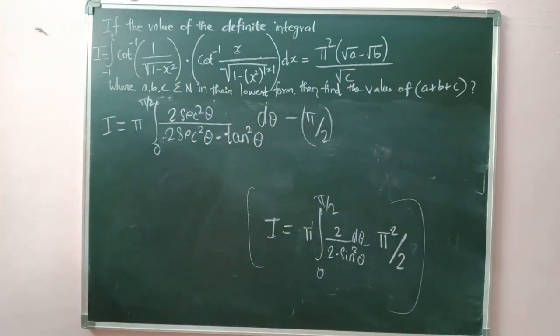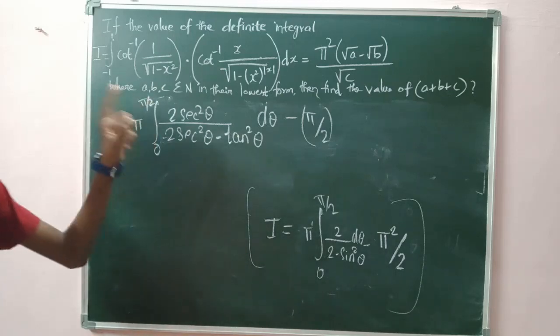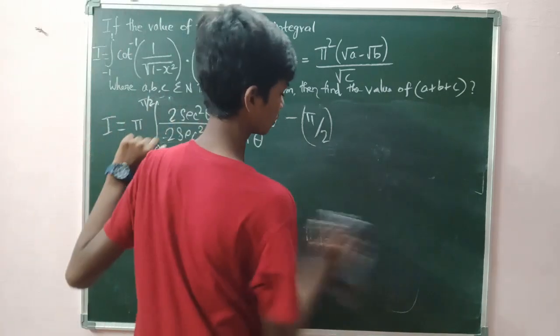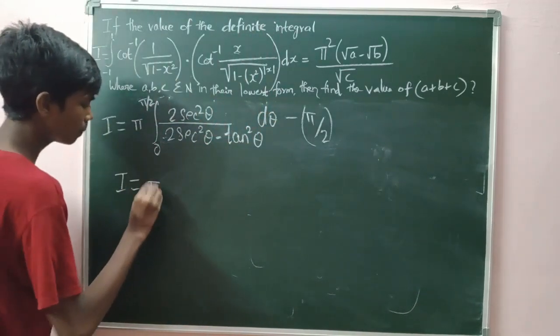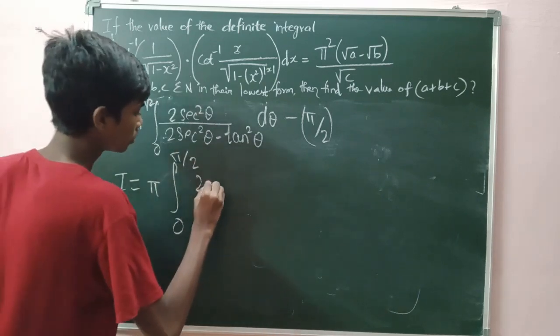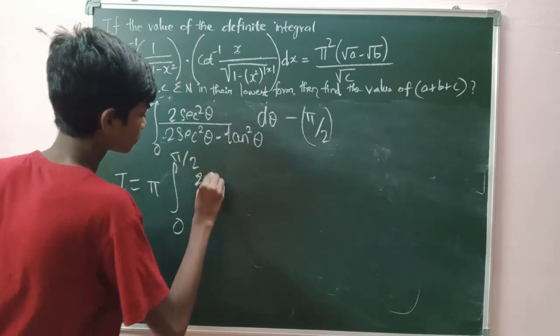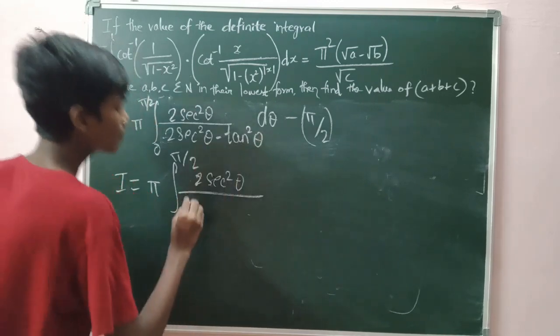Don't forget that. Okay. Next step, guys, I just did a simple thing. I divided the cos square theta on both numerator and denominator. Okay. The next step is, listen to me very carefully. I is equal to pi times of 0 to pi by 2 times of 2 by 2 times of secant square theta minus tan square theta.